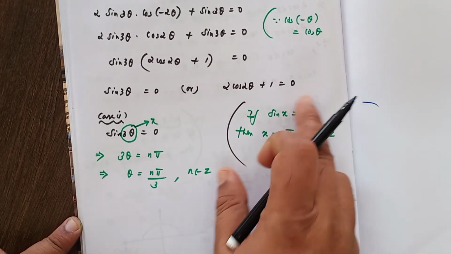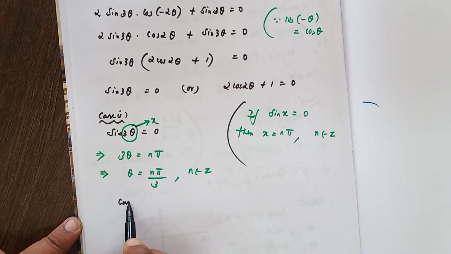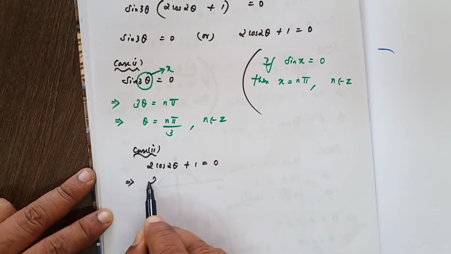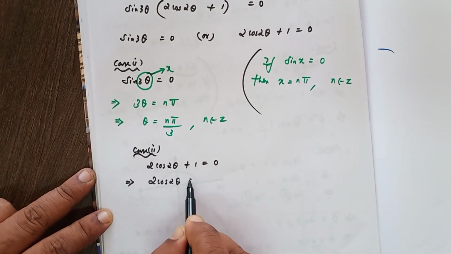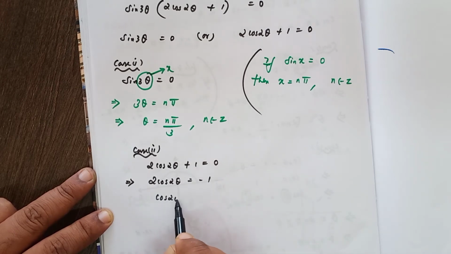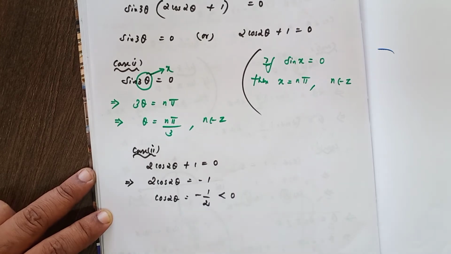2 cos 2 theta plus 1 equals 0, which implies 2 cos 2 theta equals minus 1, plus 1 comes to the right hand side as minus 1. Then cos 2 theta equals minus 1 by 2, which is less than 0.